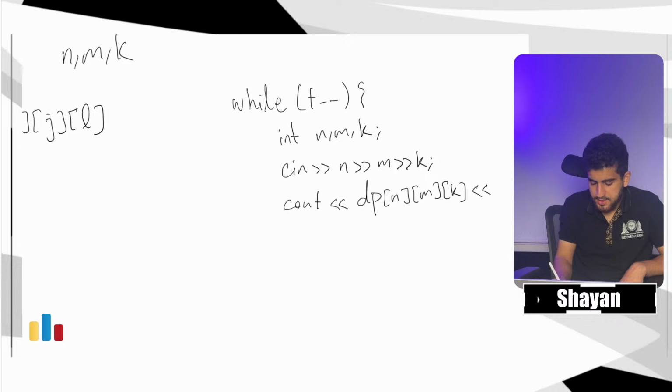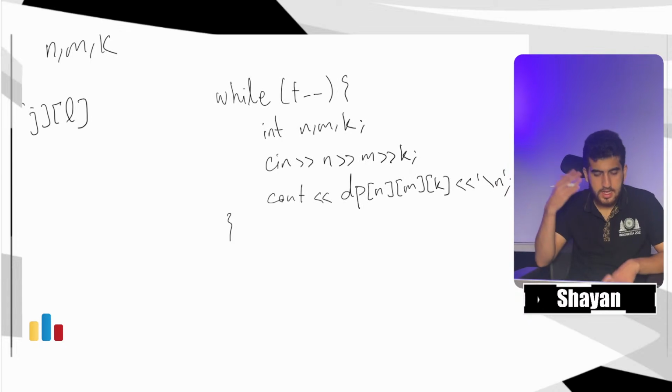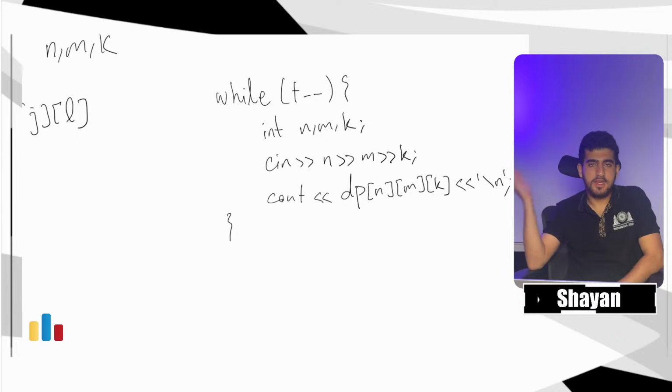If we define and calculate all the dps, then each time we can just read n, m, k and instantly print dp of n and m and k.